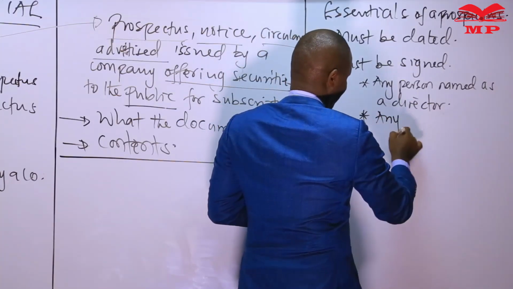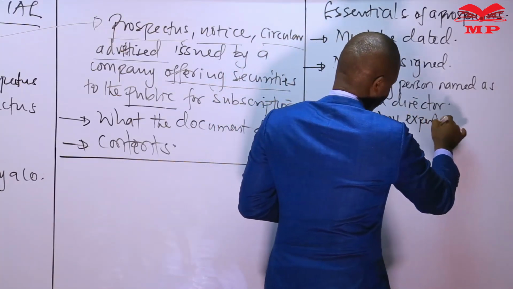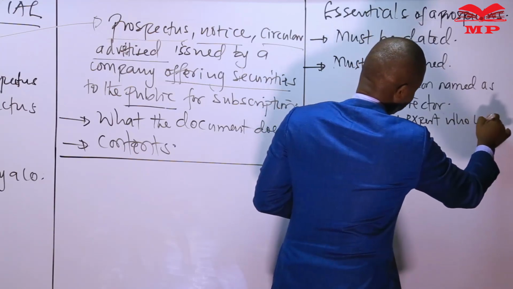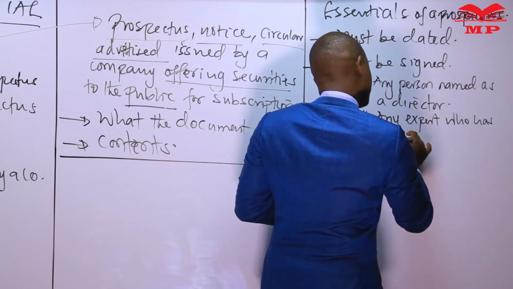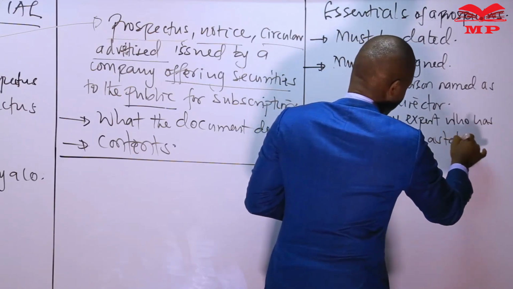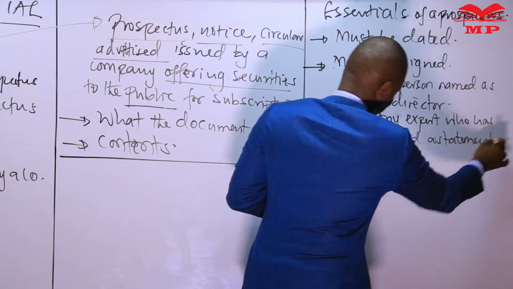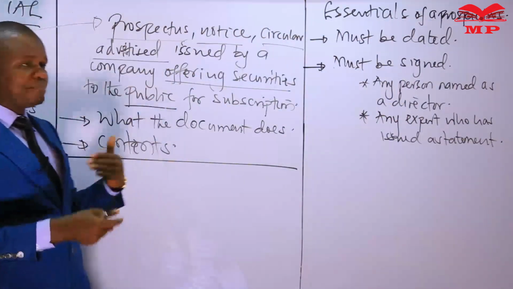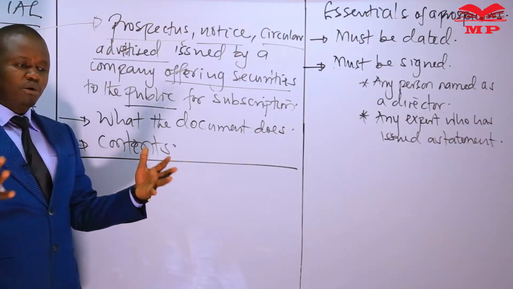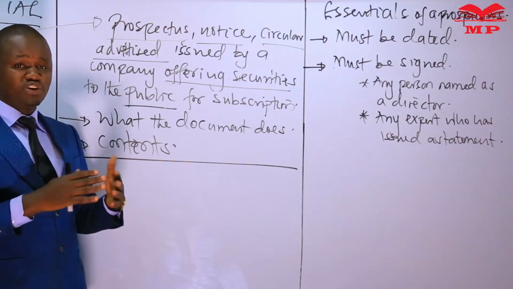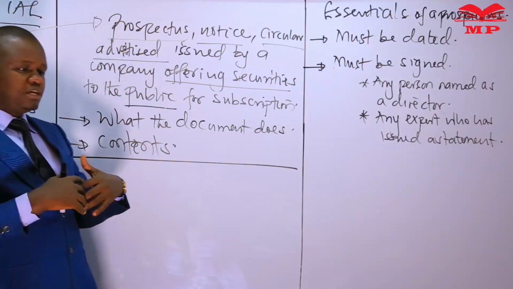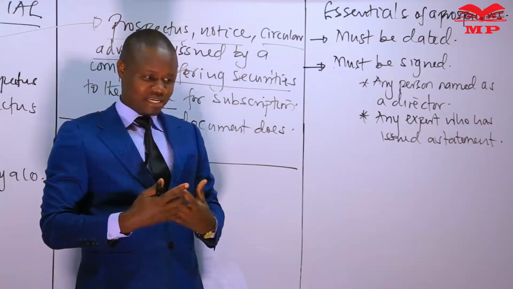Any expert who was issued a statement. So sometimes when you're issuing prospectuses, you may want to get some experts to give their opinion on certain matters. It could be about the evaluation of the company's assets.